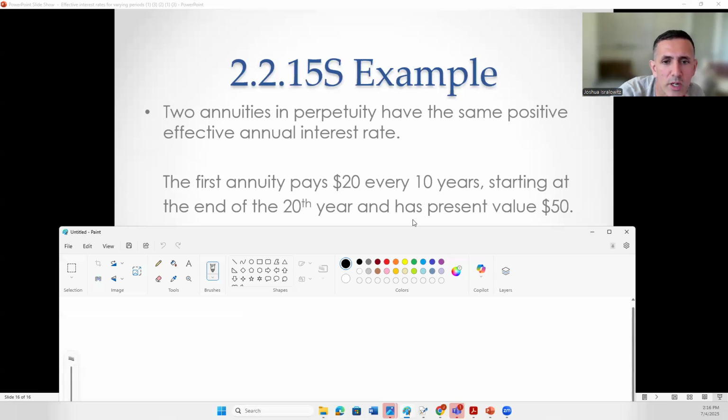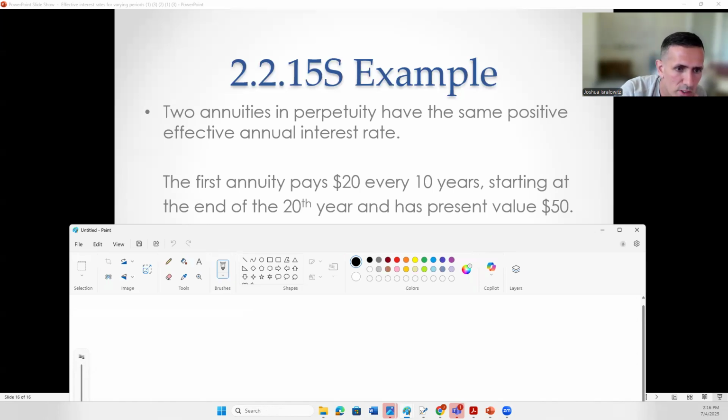Time diagram is very quick. Okay, so let's say J1 is my 10-year interest rate.